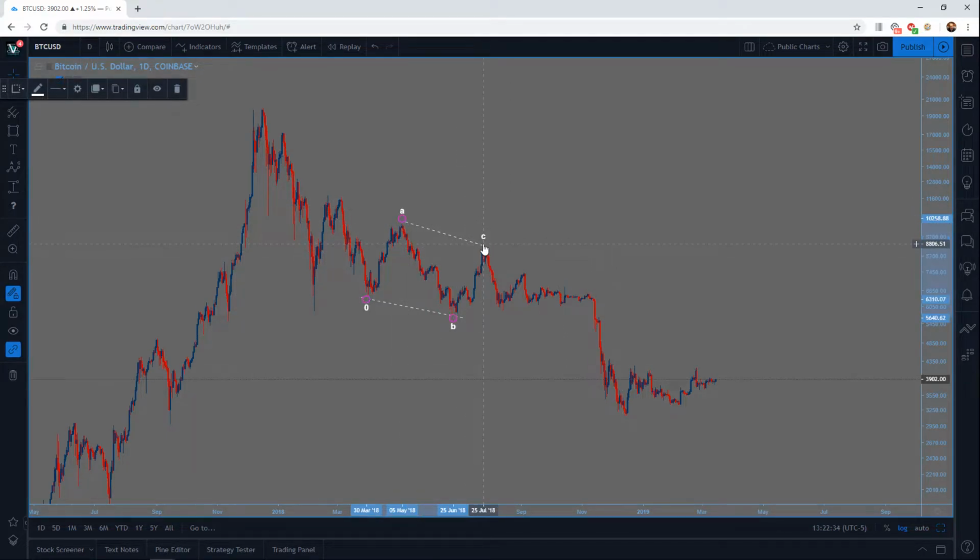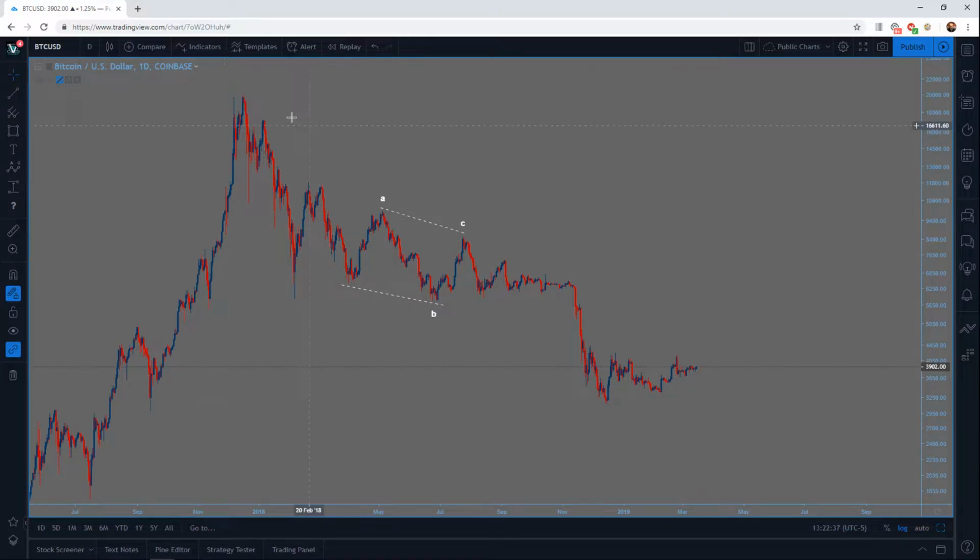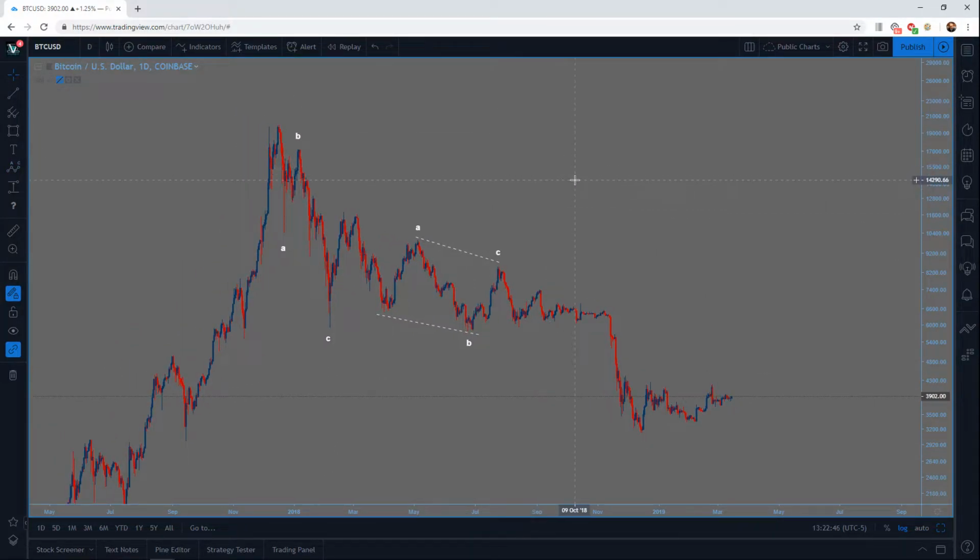Also, this here was a completed ABC in my mind. And I would say it's probably of a higher degree than this move here.